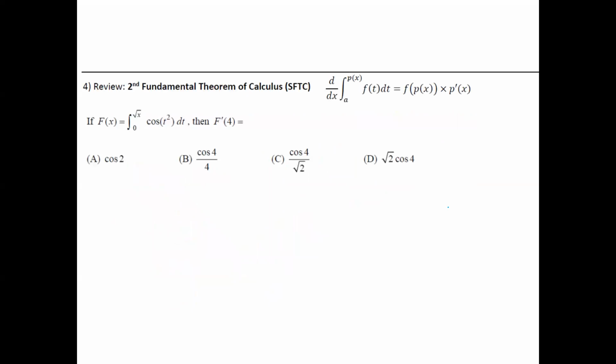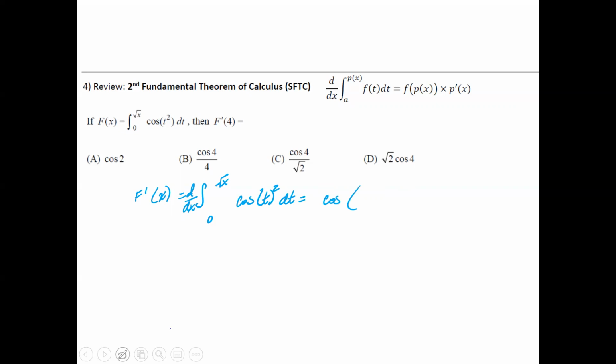For number 4, it is asking you to find the derivative of the integral of cosine t squared. So let's try this. F prime of x is equal to d over dx of the integral from 0 to square root of x of cosine t squared dt, which is then going to equal cosine.